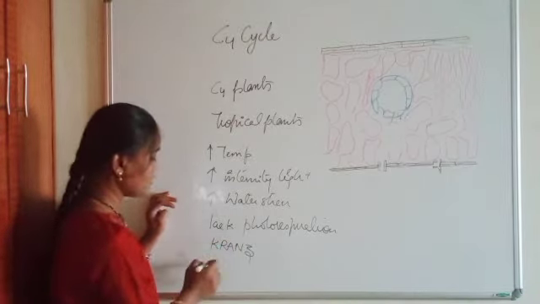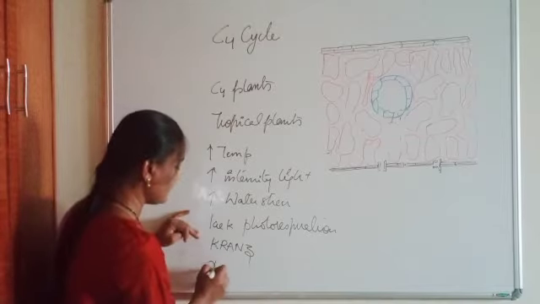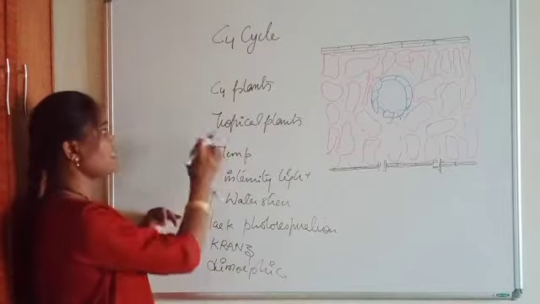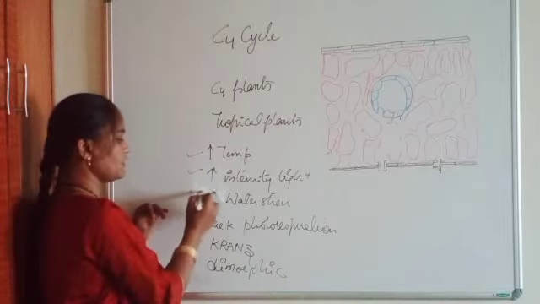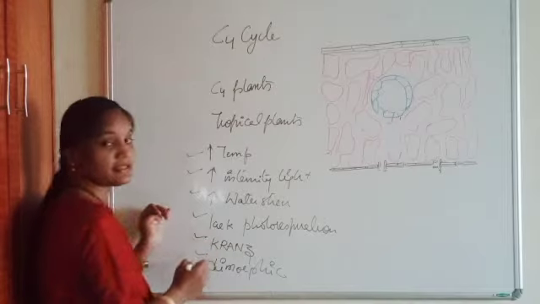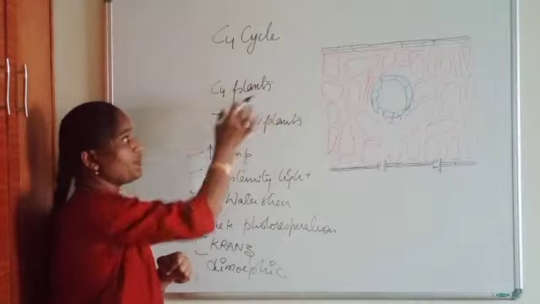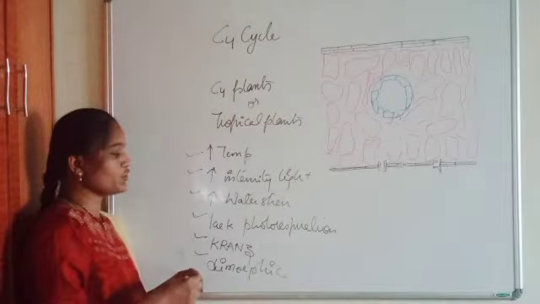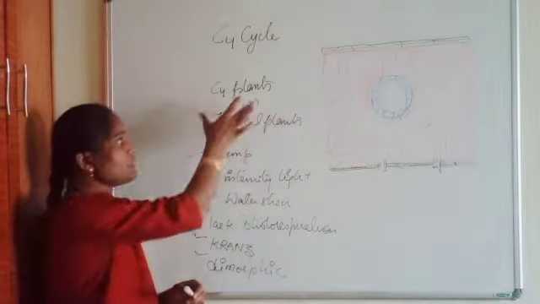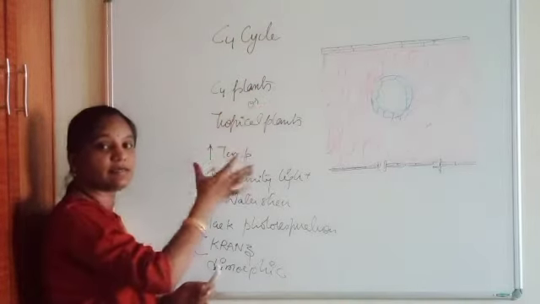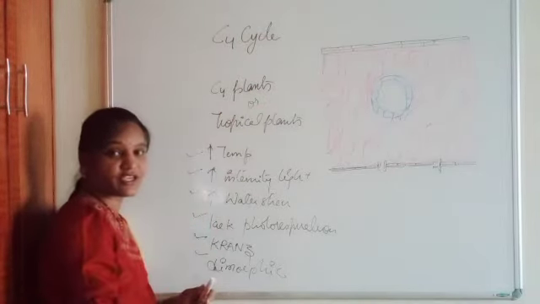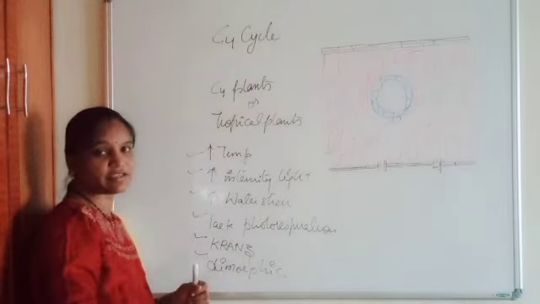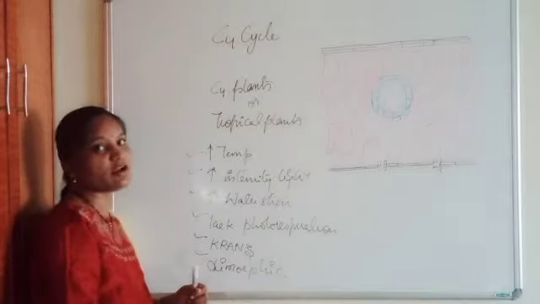And their chloroplast is a dimorphic chloroplast. These are the important points that differ between C3 plants and tropical plants, or C4 plants. Due to all these conditions, C4 plants are more efficient at fixing carbon dioxide in the dark reaction to synthesize food material for the plants.